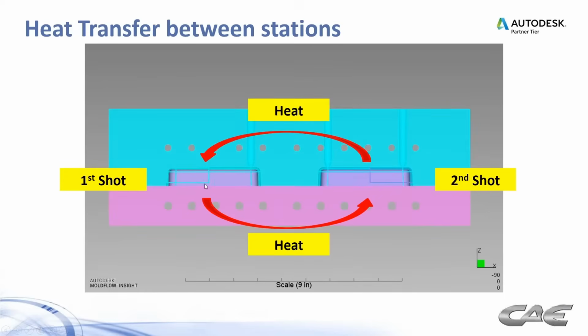So we mold the first shot, the heat that builds up from the cooling of the first shot rotates over and becomes the initial conditions for the second shot, and vice versa when it transfers back to the first shot.